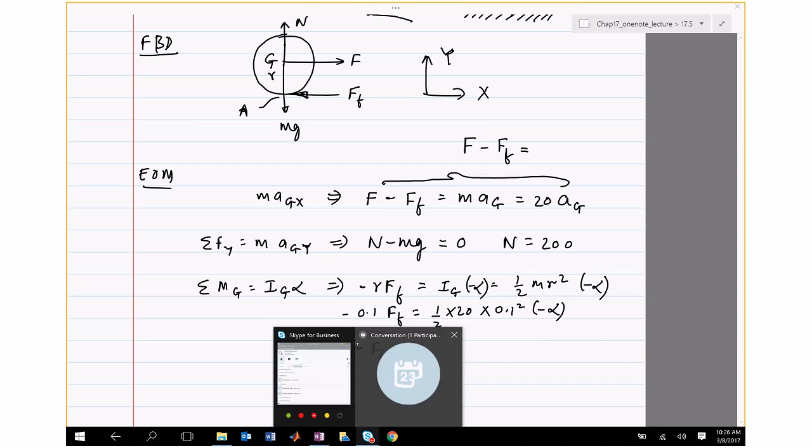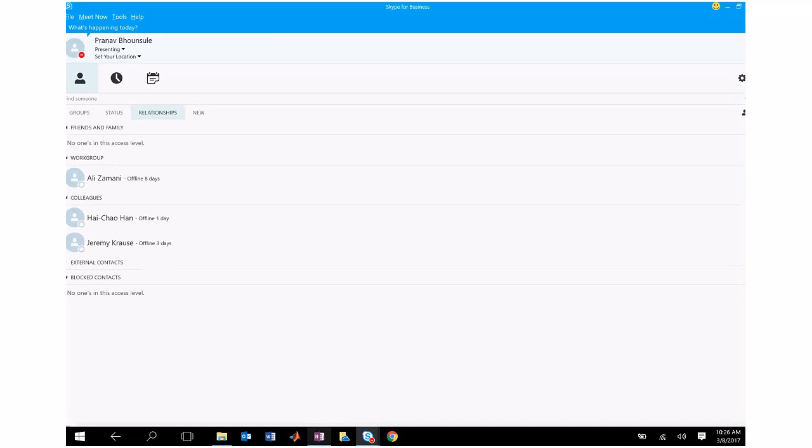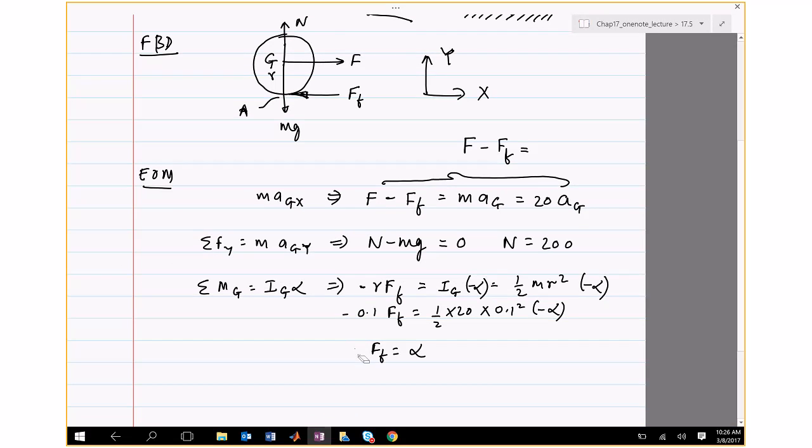The friction force will turn the wheel clockwise, so I'm going to start with the assumption that alpha is clockwise. It's perfectly fine to do that. So F minus Ff is 20 ag. Okay, so that's one equation.